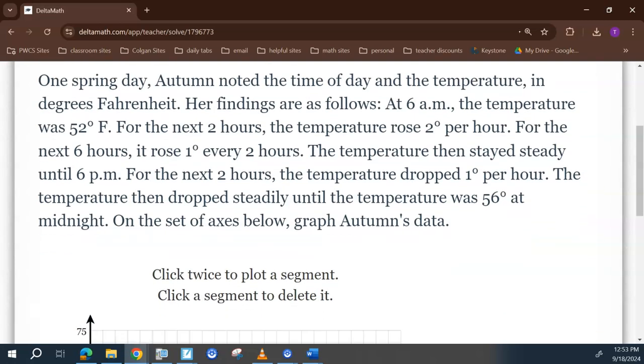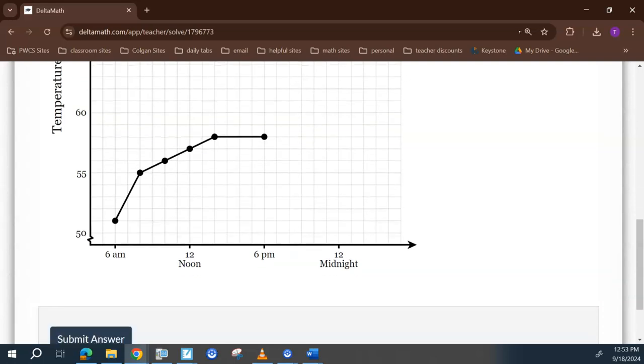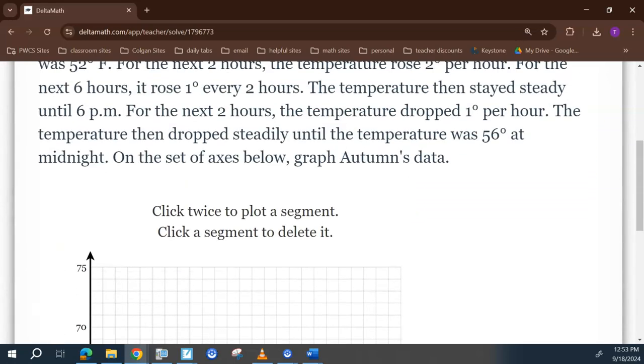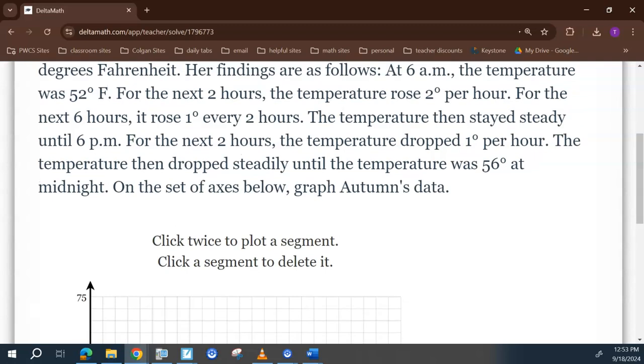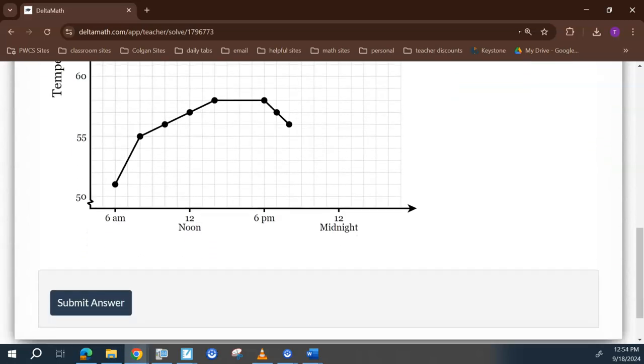And then for the next 2 hours, the temperature dropped 1 degree per hour. So for the next 2 hours, it dropped 1 degree, and then another. And then the temperature dropped steadily until the temperature was at 56 degrees at midnight. So at midnight, it was at 56 degrees.